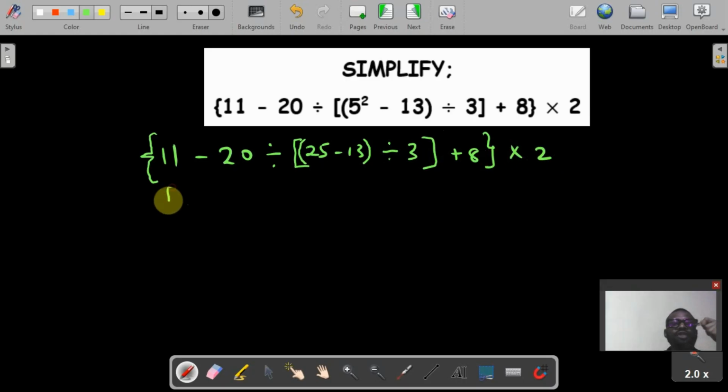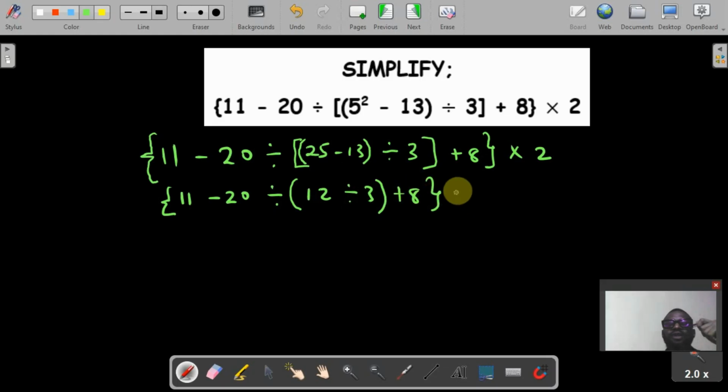Now if I open this bracket, I have 11 minus 20 divided by, I have here, this bracket will open, 25 minus 13 is 12. Now 12 divided by 3, bracket close, then plus 8, I close the bigger bracket, then multiply by 2.